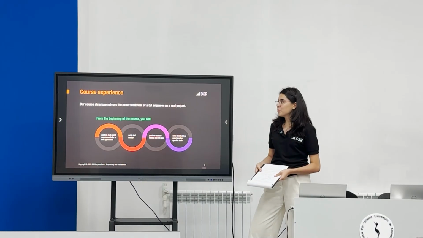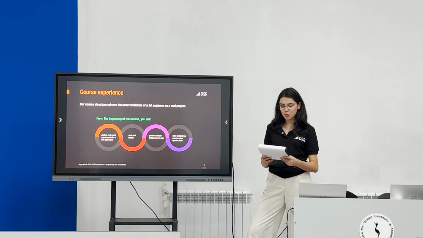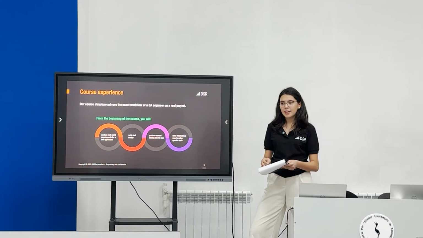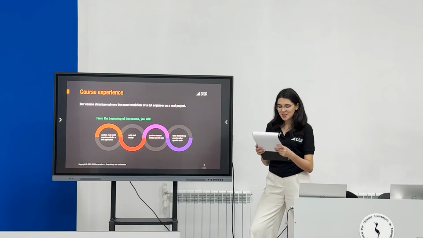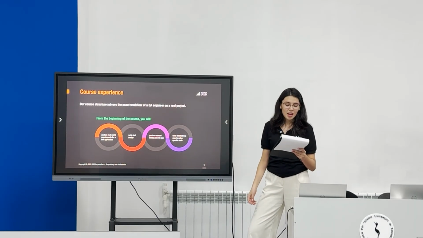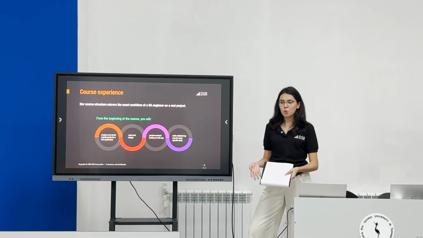And here we have a perfect opportunity for you, because our course can help you with the start of your career. Its structure mirrors the exact workflow of a QA engineer on a real project. And you can trust me on this one, because I actually passed it and got the job in the end. And you won't be just told what to do.